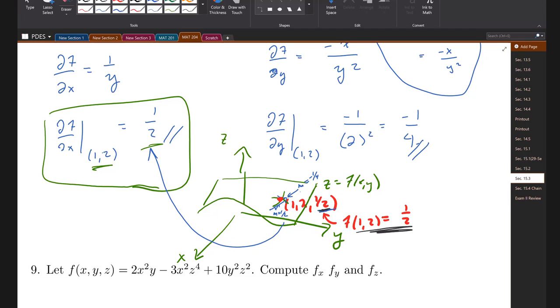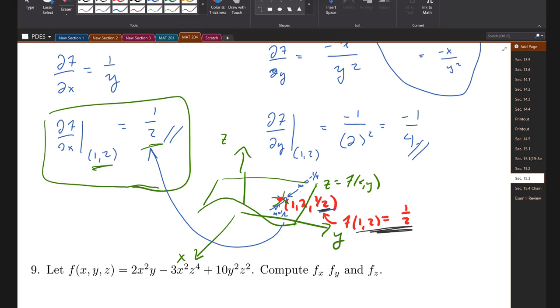You could say that, but what you're actually getting into is the topic of a directional derivative: start at a point, move in any direction, what's going to happen? Right now, in this section, we're just saying, go to a point, leave your y direction alone, step in the x, what's going to happen? Go to a point, leave the x direction alone, step in the y direction, what's going to happen? That's all we're answering today. Although you could answer that, I'd rather save that for the directional derivative topic.